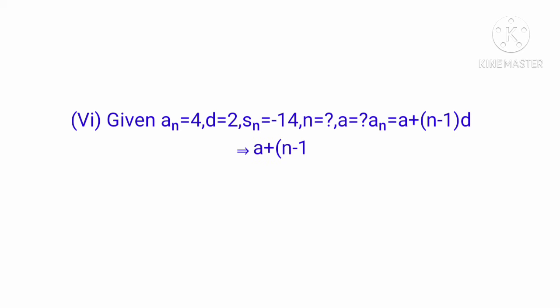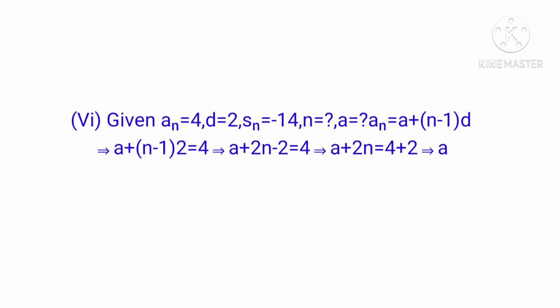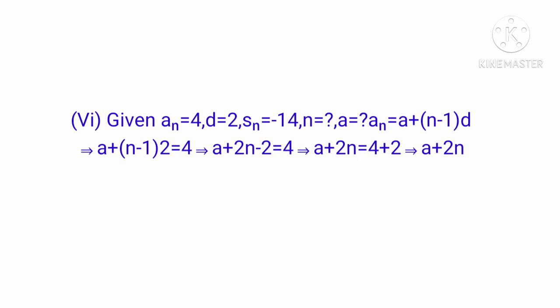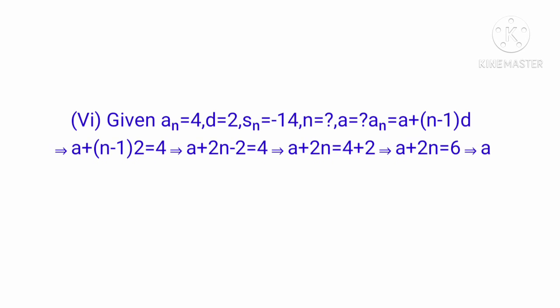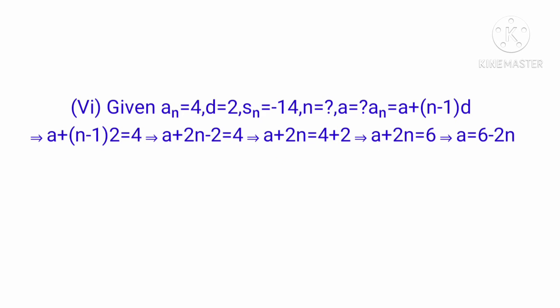A plus n minus 1 into 2 is equal to an is 4 implies a plus 2n minus 2 is equal to 4 implies a plus 2n is equal to 4 plus 2 implies a plus 2n is equal to 6. Now a is equal to 6 minus 2n.